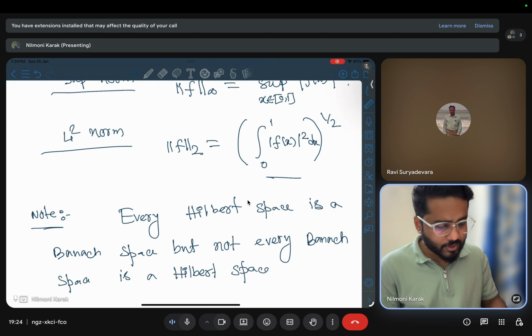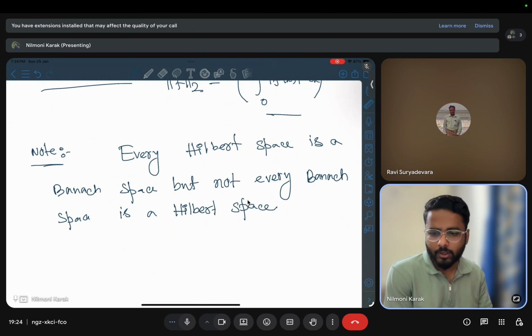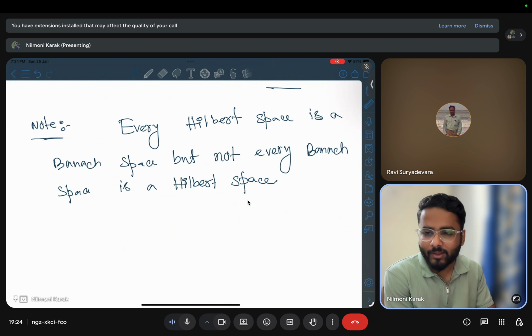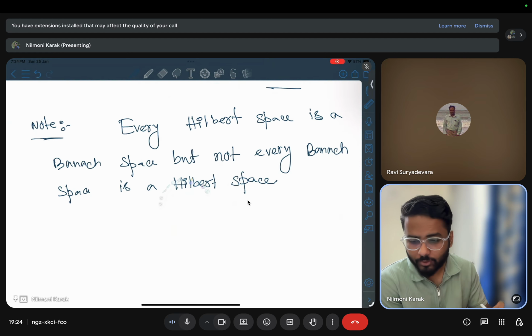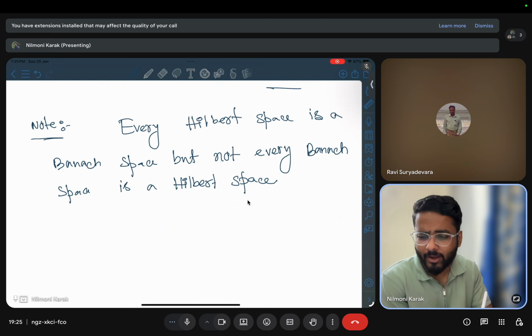So we will give a counterexample. This problem is a counterexample of this statement. That's why you need some basic functional analysis.